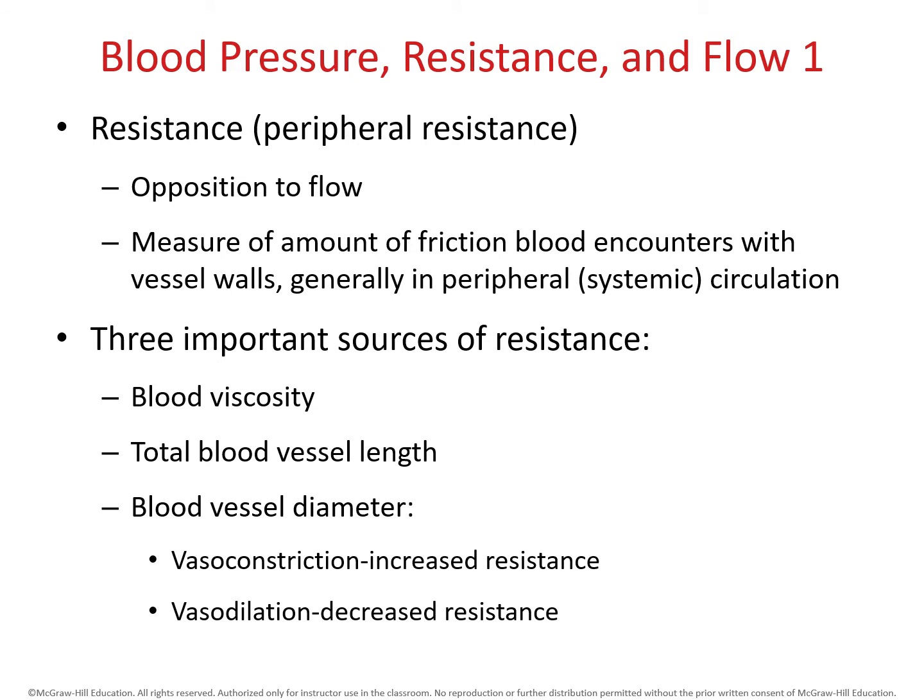So the other factor that affects resistance is blood viscosity. Obviously, if the blood is really thick, the heart needs to work harder to pump that thick blood through the body, right?